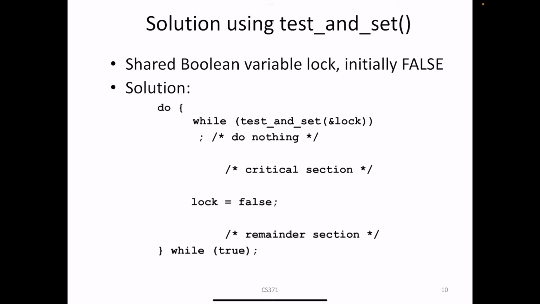Then P2 is interrupted by P1. P1 changes the lock to false, runs the remainder section, and then does another loop. P1 executes the while loop again. Since the value of lock is false, P1 gets out of the while loop and accesses the critical section. Then it is interrupted by P2, and P2 is still stuck at the while loop until it is interrupted by P1.